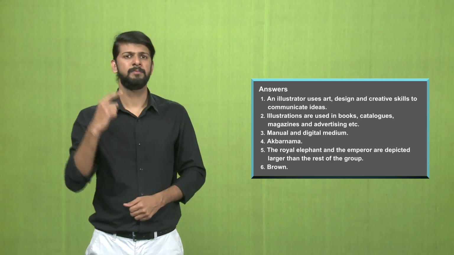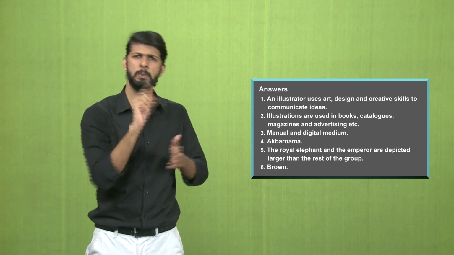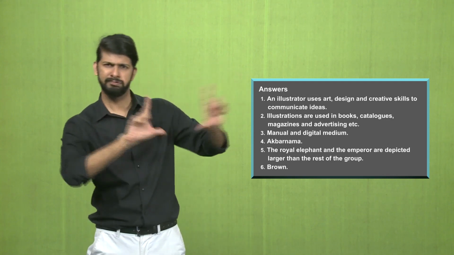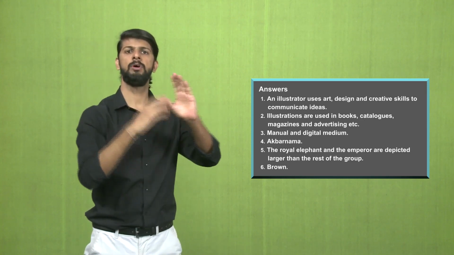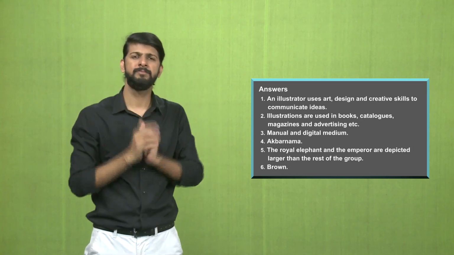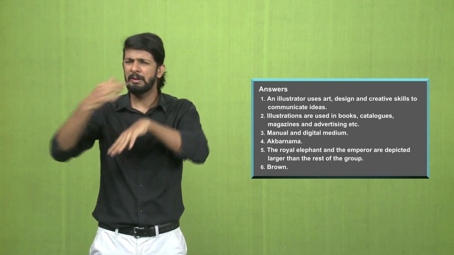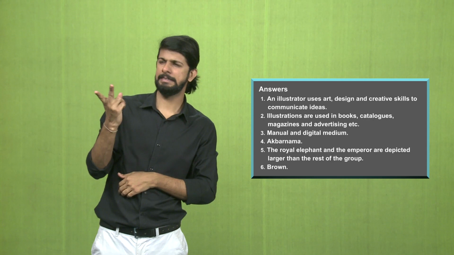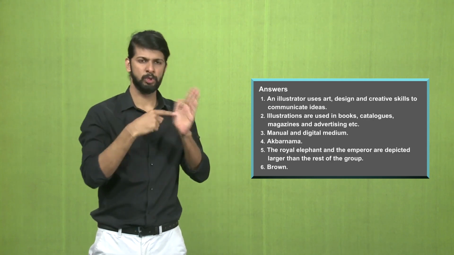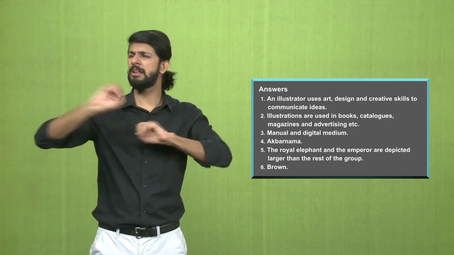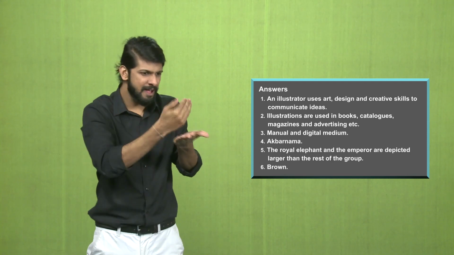Answer number 1. An illustrator uses art, design and creative skills to communicate ideas. For example, pollution is a growing issue and many of us are ignorant about it. We are desecrating nature.